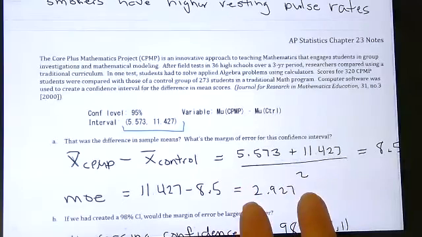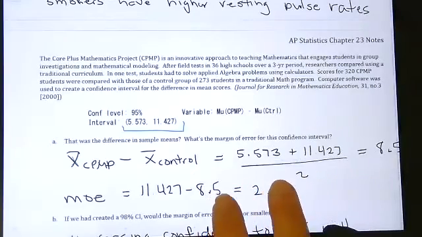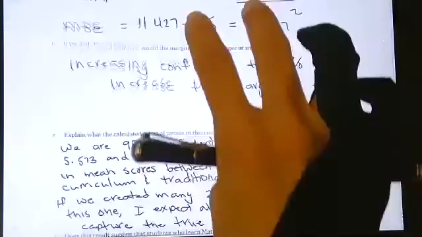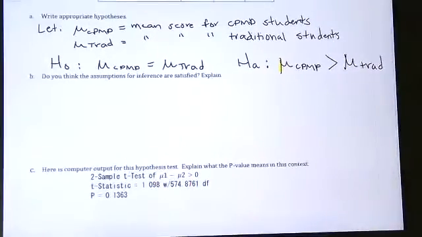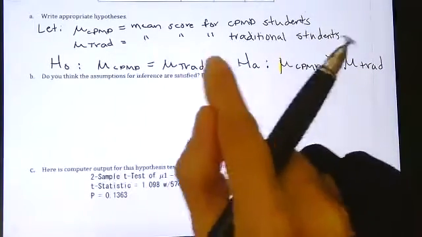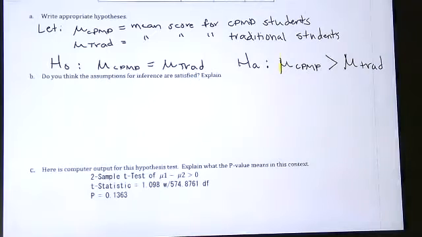Nope, it never did. These were field tests in 36 different high schools over a 3-year period. So that would be the one condition that we are not absolutely sure is satisfied. So in other words, we should be careful extending our conclusions here to any high schools that are different than the 36 that were chosen.